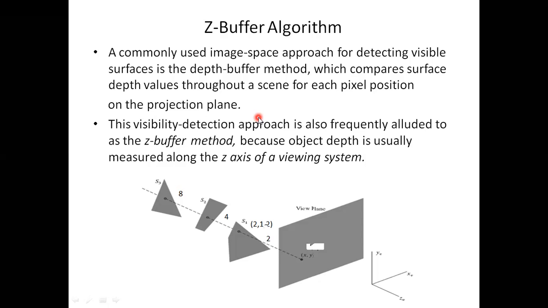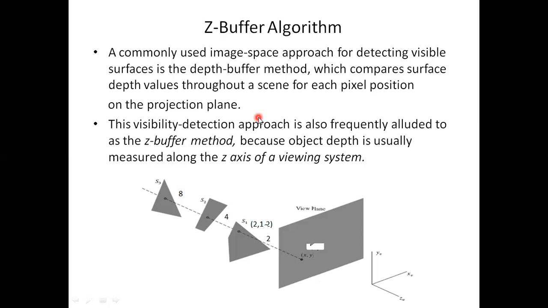One of the disadvantages of the object space approach was that it could not process overlapped objects. Overlapped means if one object is behind another object, it was not processed. All the objects had to be independent to determine the front face and back face.